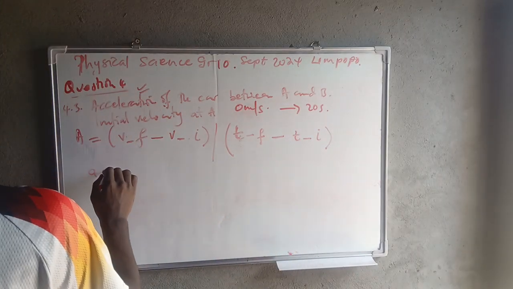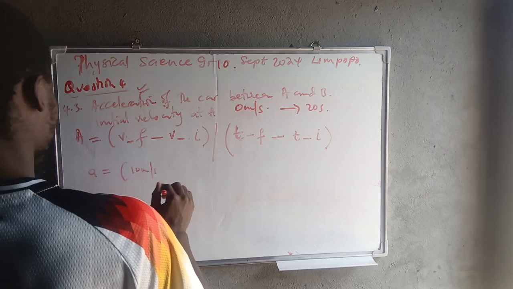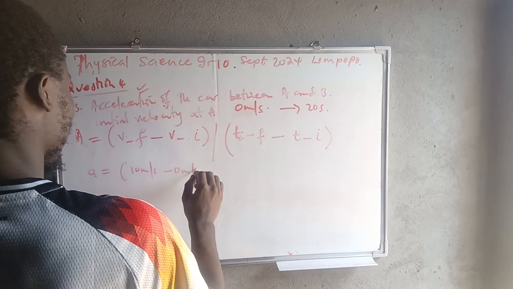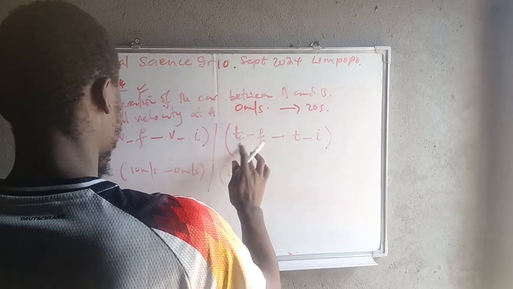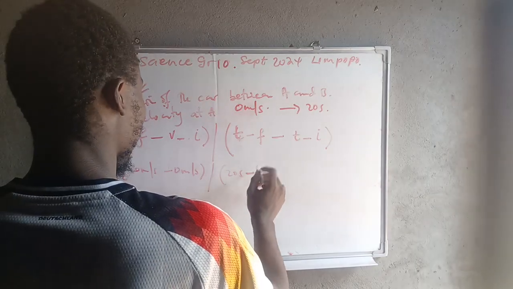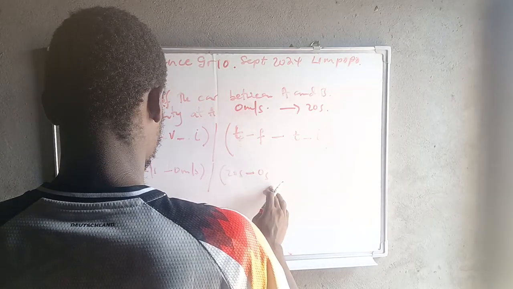So we are going to get A equals 10 meters per second minus 0 meters per second, divided by 20 seconds, the time, minus the initial time, which is 0 seconds, right?